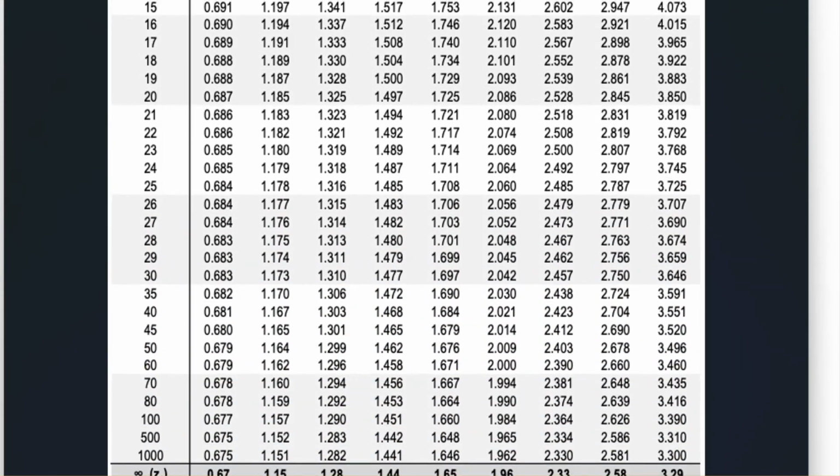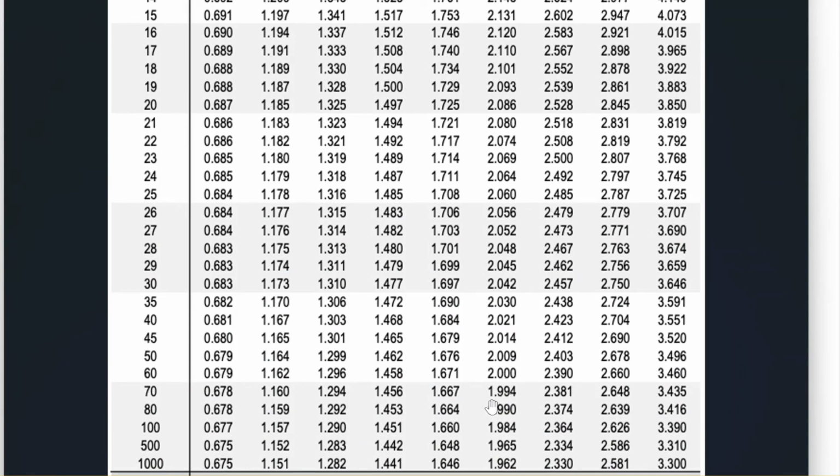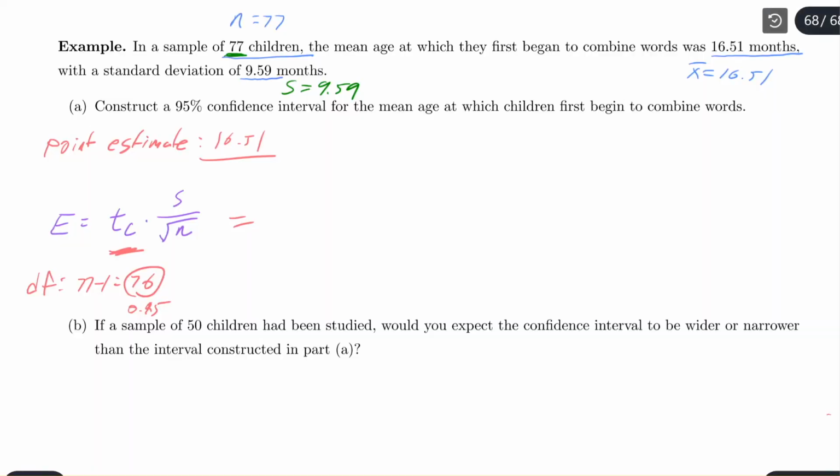So 70, 1.994. This is the critical value. Multiply by the sample standard deviation given in the problem.